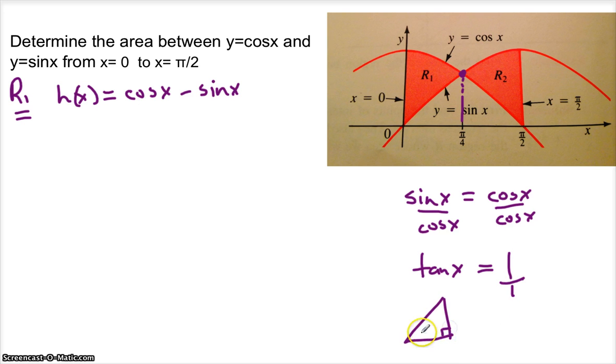And this special triangle is the 45, 45, 90 triangle. So the tan of x is, this angle here is going to be the 45 degrees. So x is 45 degrees, which is pi over 4, as we see in this diagram.